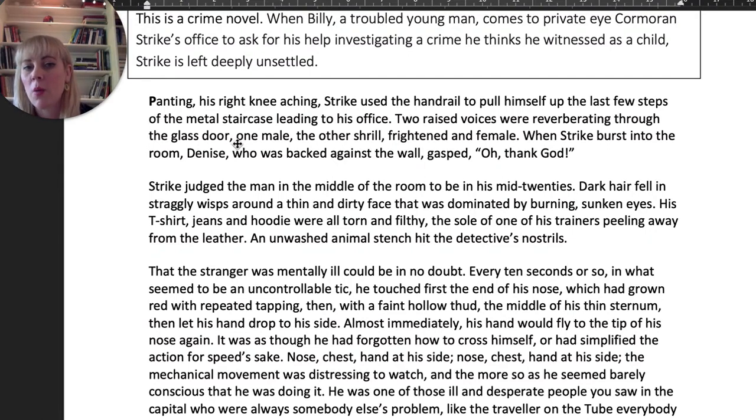Then I would go on to explain that this immediately tells us that the character of Strike is experiencing confusion, and the reader shares that with his character as we wonder what the source of that conflict may be.